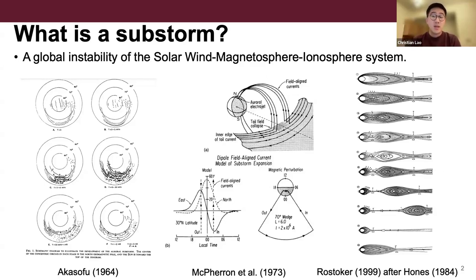Further out, magnetic reconnection creates an isolated plasmoid that is accelerated out and ejected from the magnetotail. During the recovery phase, the magnetosphere returns to its quiet time configuration, but there are still complex auroral displays that happen. So hopefully I've introduced what a substorm is and its subsequent phenomena.